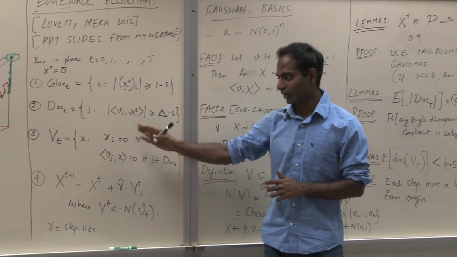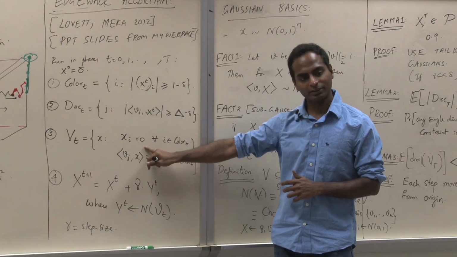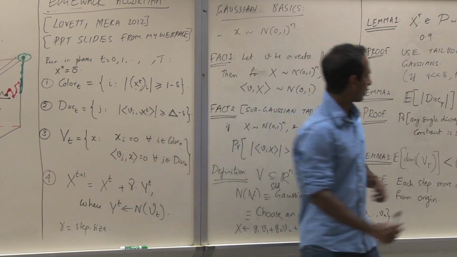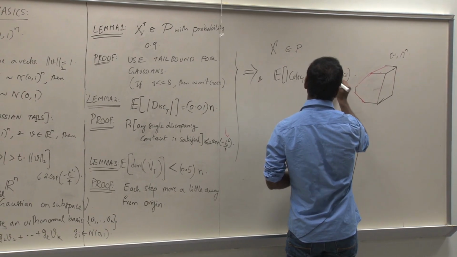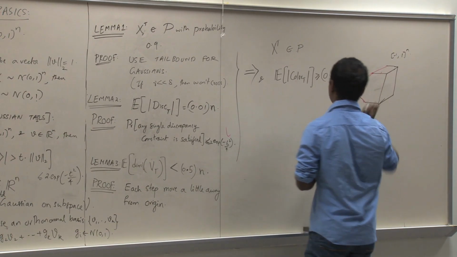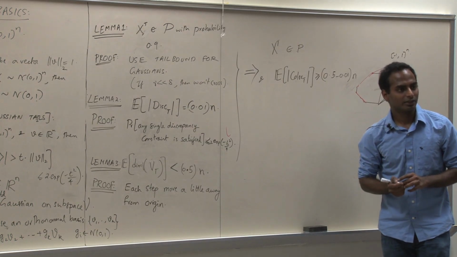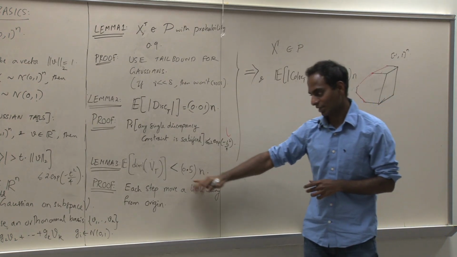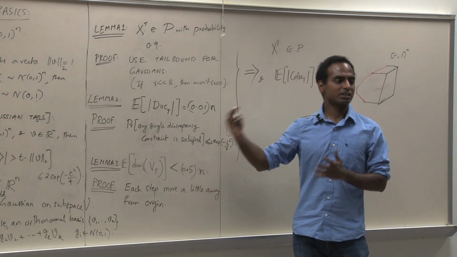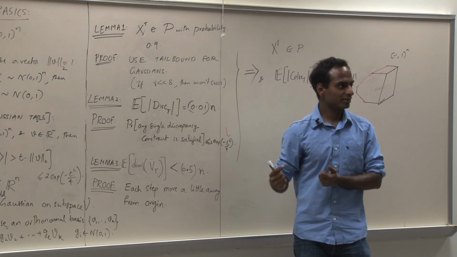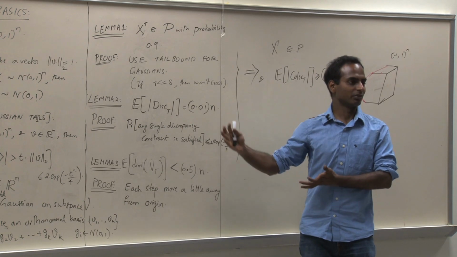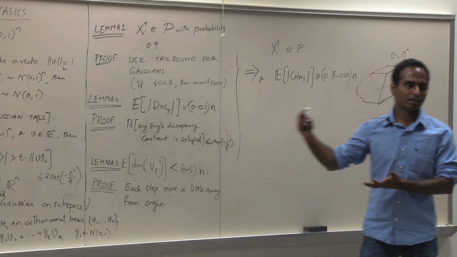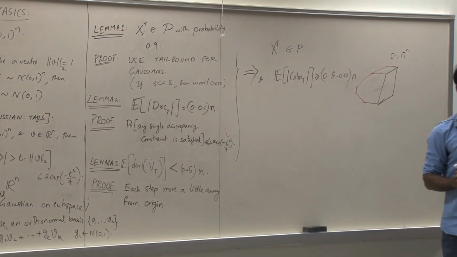There are two kinds of constraints, discrepancy and color, and the discrepancy is small, 0.01 n. So the final space I'm walking in has dimension less than 0.5 n. I must have imposed at least n over 2 constraints, and out of those, only 0.01 n are coming from discrepancy. The other should be coming from here.